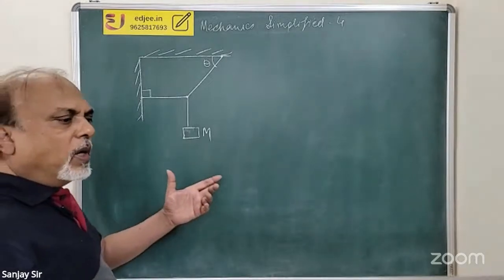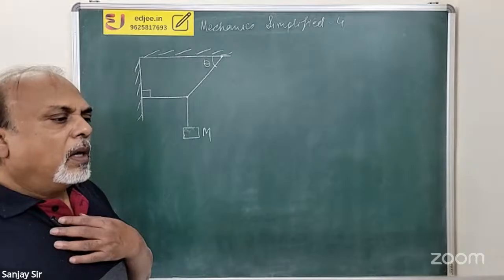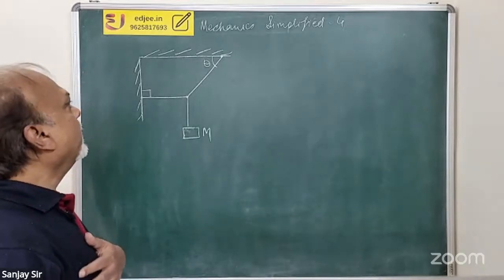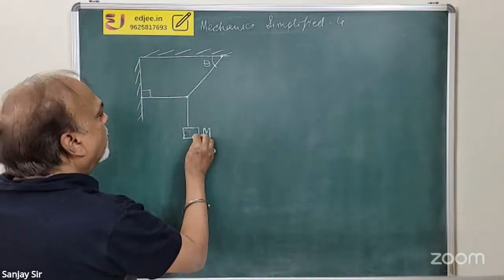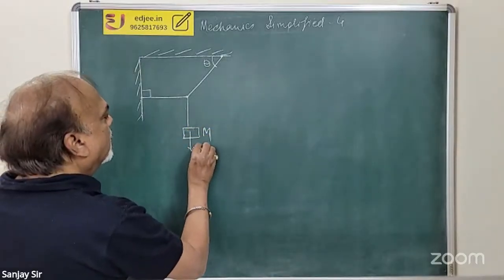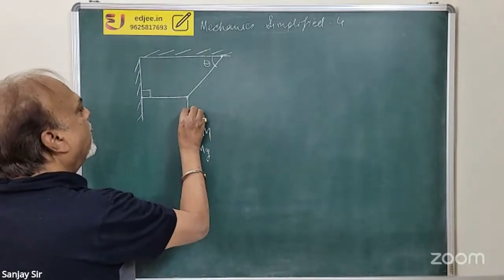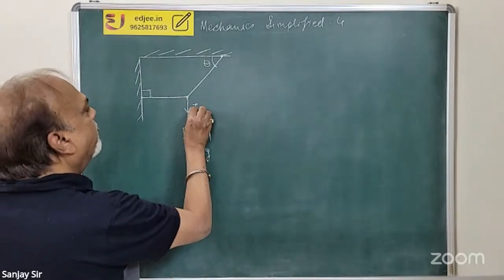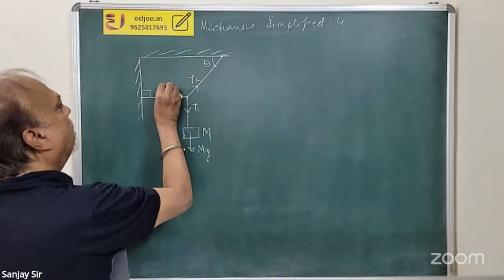Here again, you can make use of Lami's theorem. There is no problem. Correct? Just see here, this is your mg. In this string, suppose this is your T1 and this is your T2 and here T3.